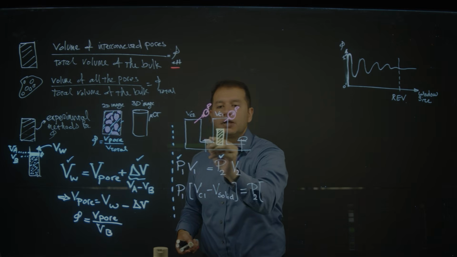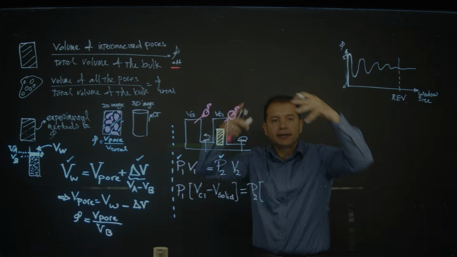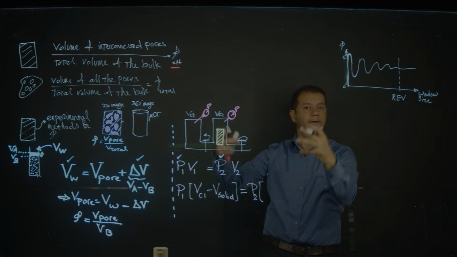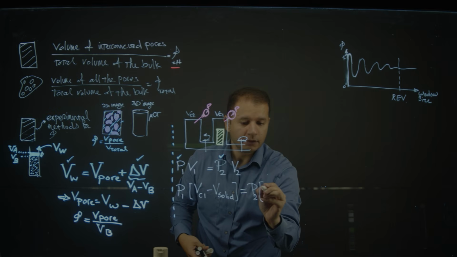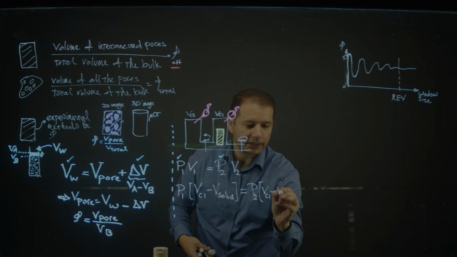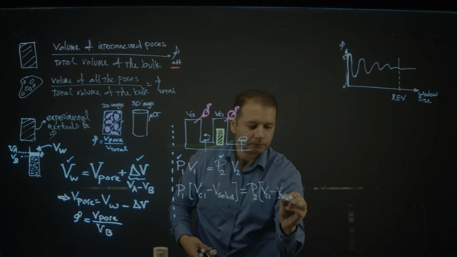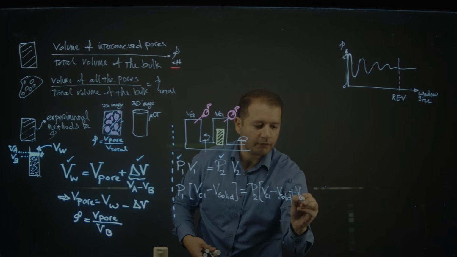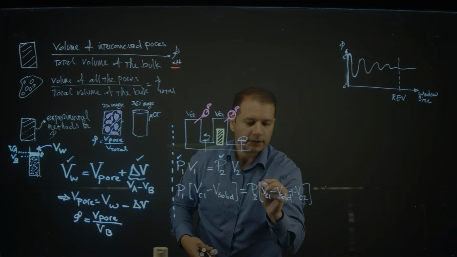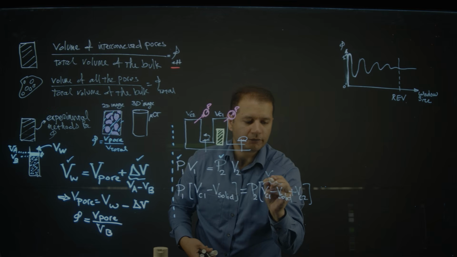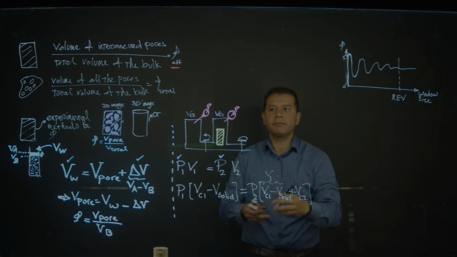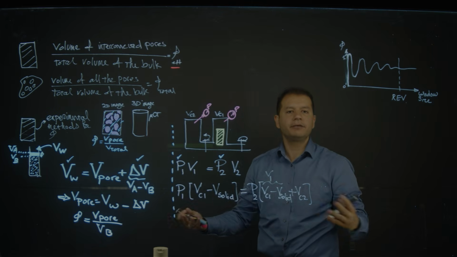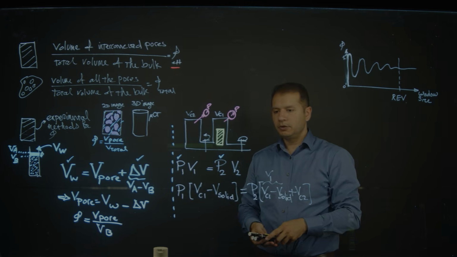So this is closed, the other one is open, and the gas flows all over the space. Which means that it will be volume 1, which is volume of chamber 1 minus volume of solid, plus volume of chamber 2 fully. So chamber 2 is void, fully available for the gas to flow through.